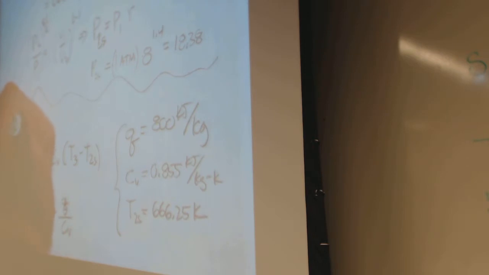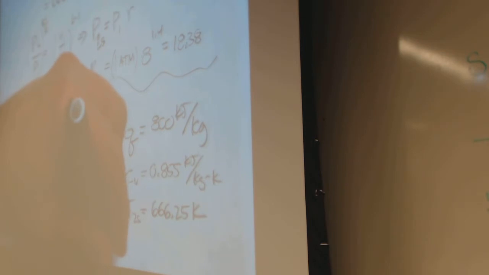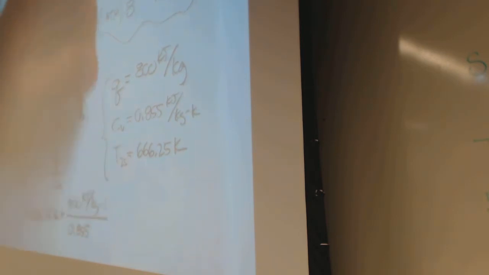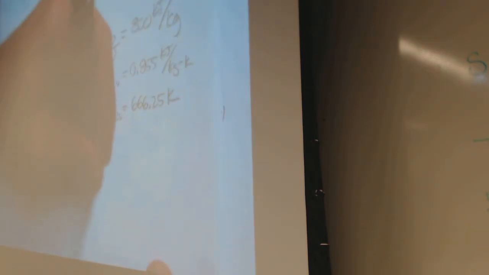So I got 666.25 Kelvin plus 800 kilojoules per kilogram divided by 0.855 kilojoules per kilogram Kelvin.